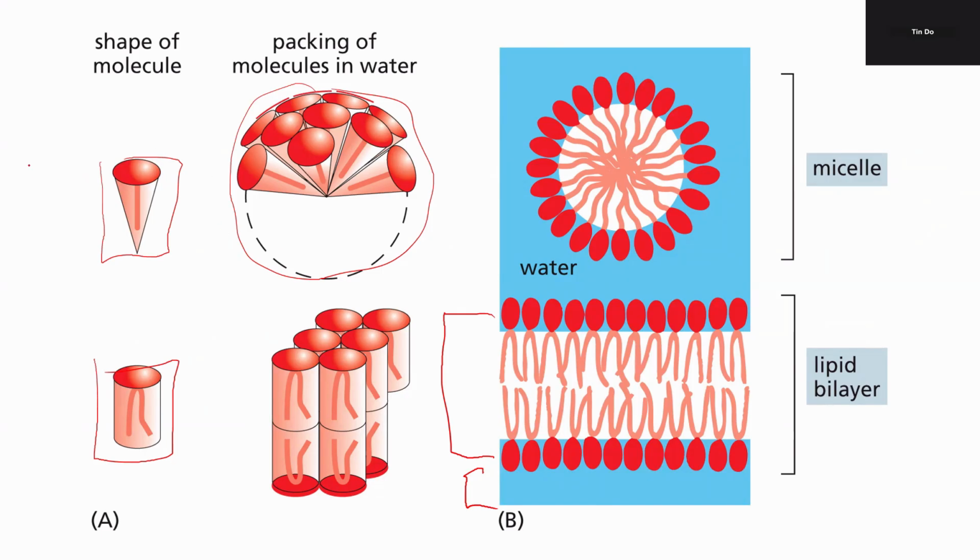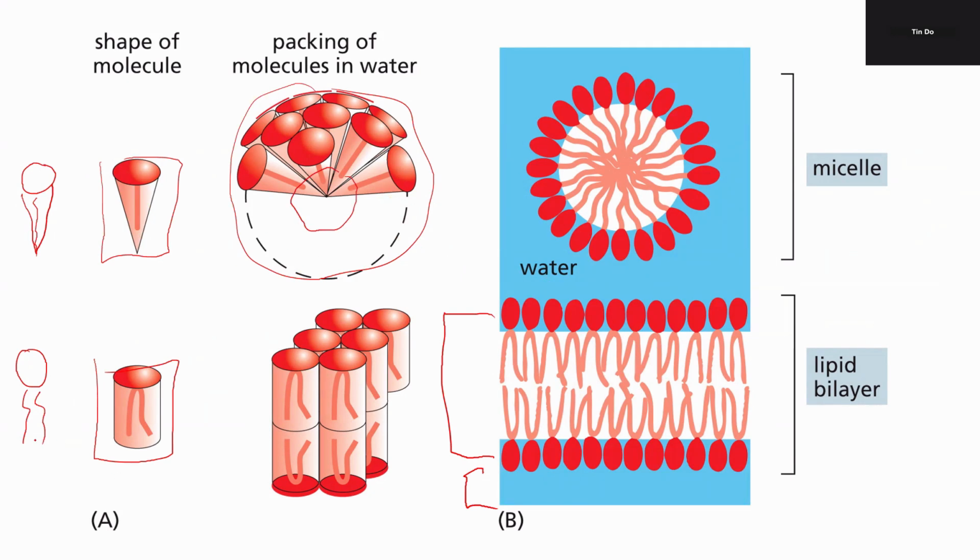If you were to draw this out, a single tail versus double tail, you can see that this single tail forms a cone-like geometry. And it's this cone-like geometry that allows us to create these ball-like structures called micelles. And inside the micelle, it will carry something that's nonpolar where it can be transported.